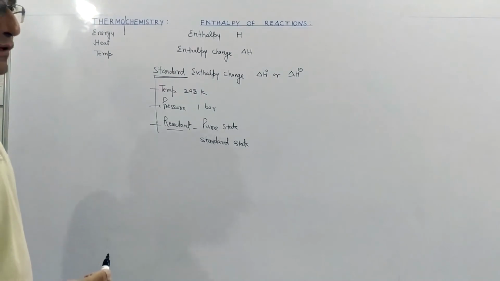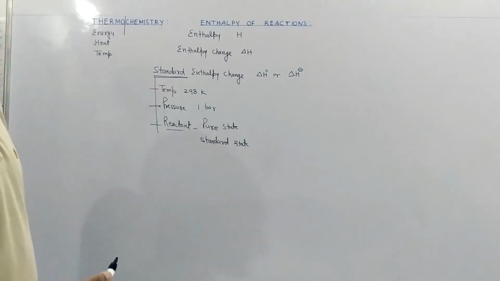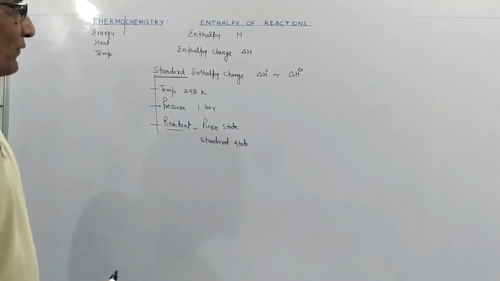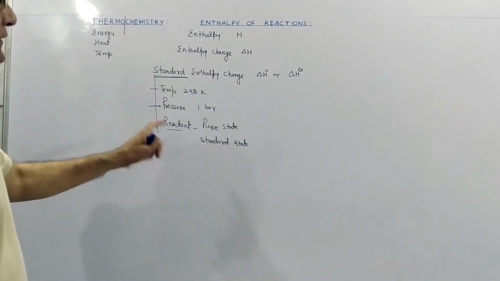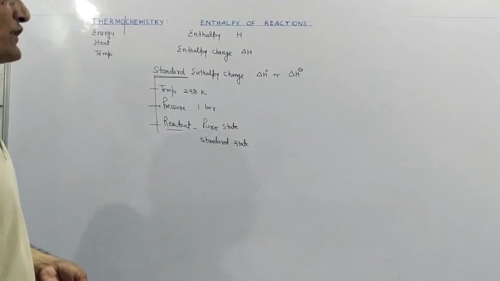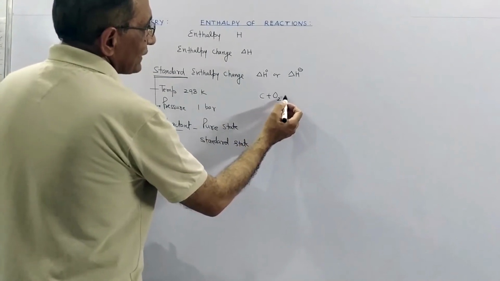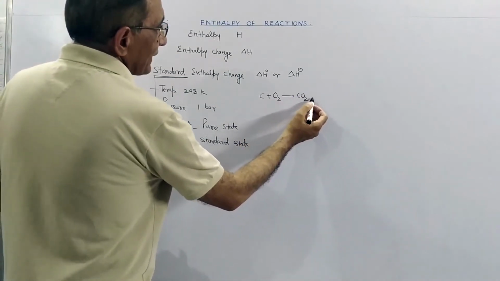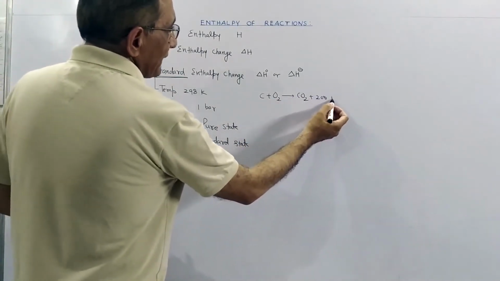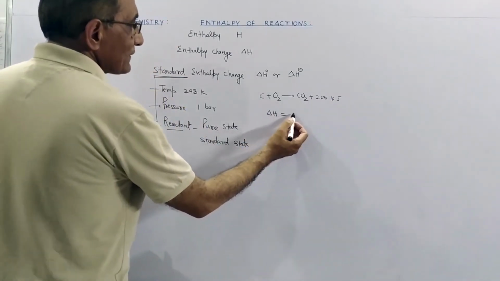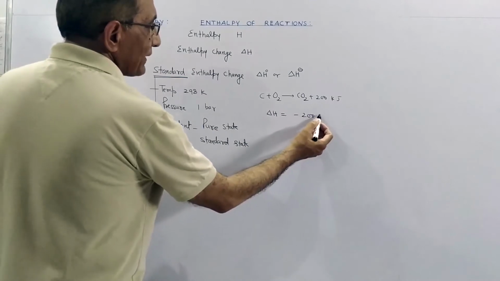The standard state of O2 is the gaseous state. So whenever we carry out reactions in standard state, then it will be standard enthalpy change. For example, if I am writing C plus O2 is equal to CO2, and suppose 200 kilojoule of heat is released here, then the enthalpy change of this reaction will be minus 200 kilojoule.